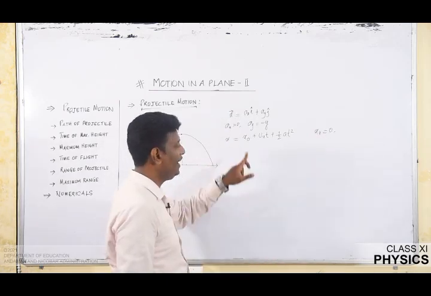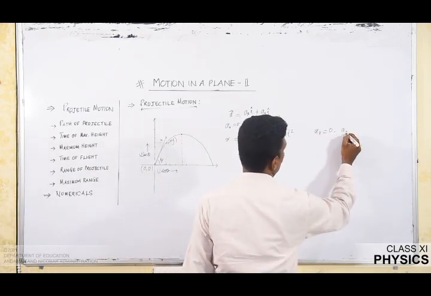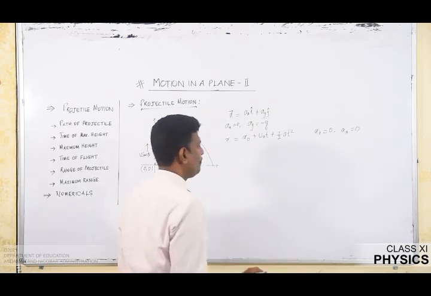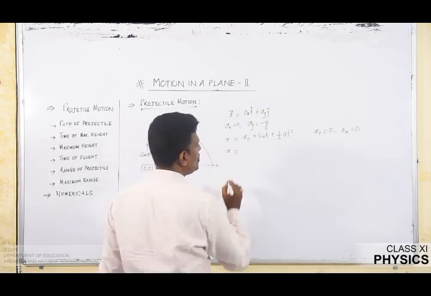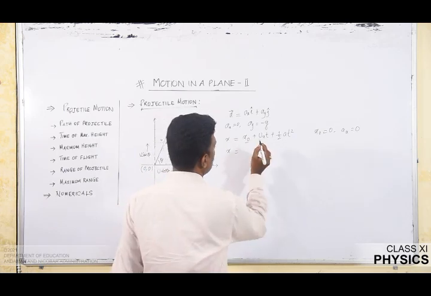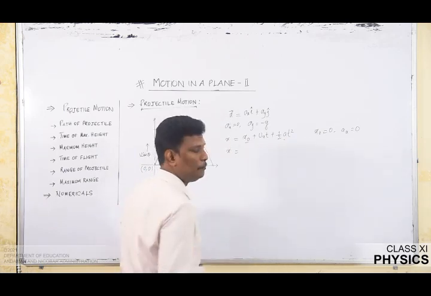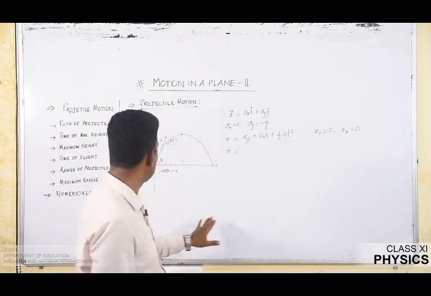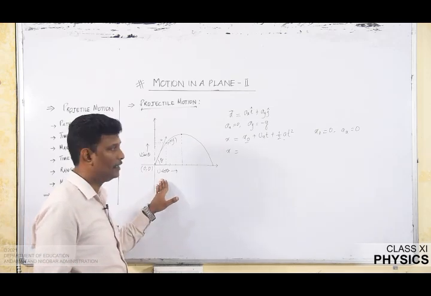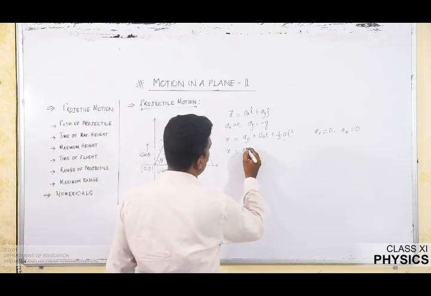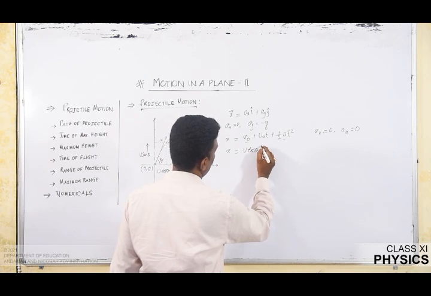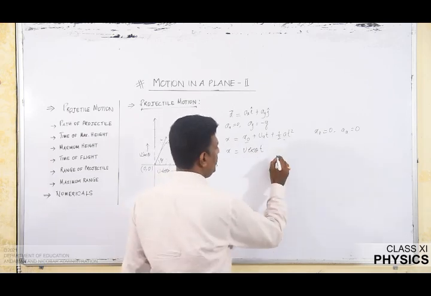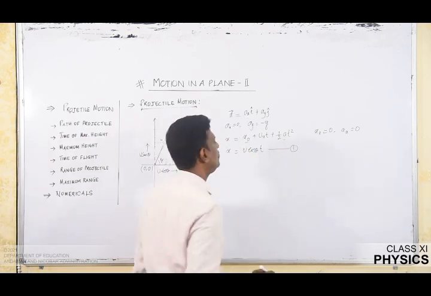Further we know ax is equal to 0. So what we can get, x is equal to, this term is 0 and this term is 0. Ux we have considered as u cos theta. So x is equal to u cos theta t. Let it be equation number 1.